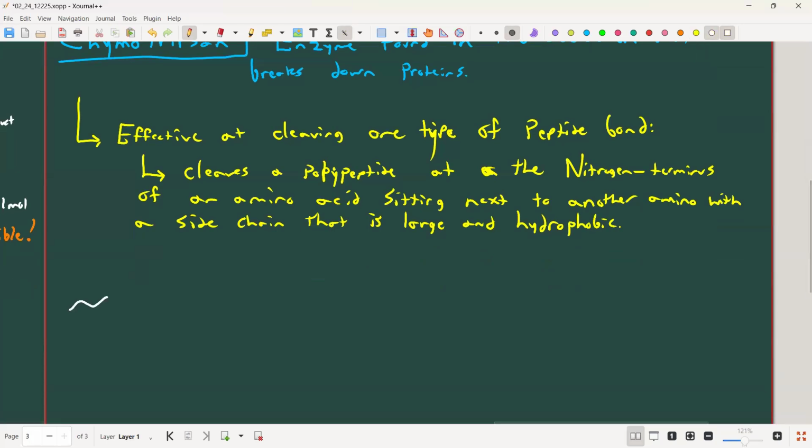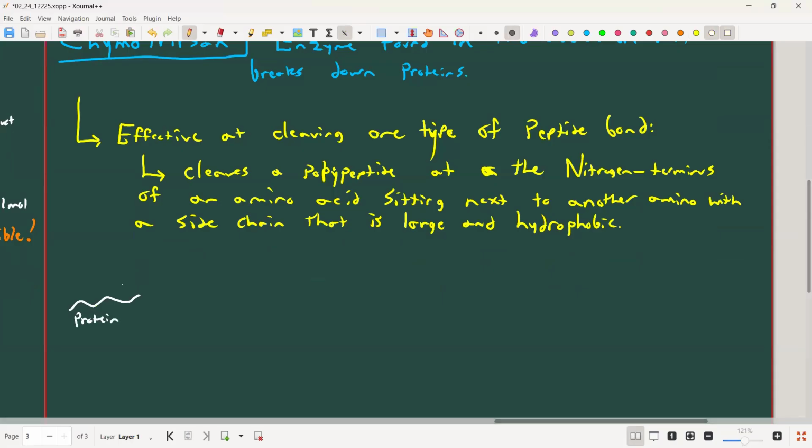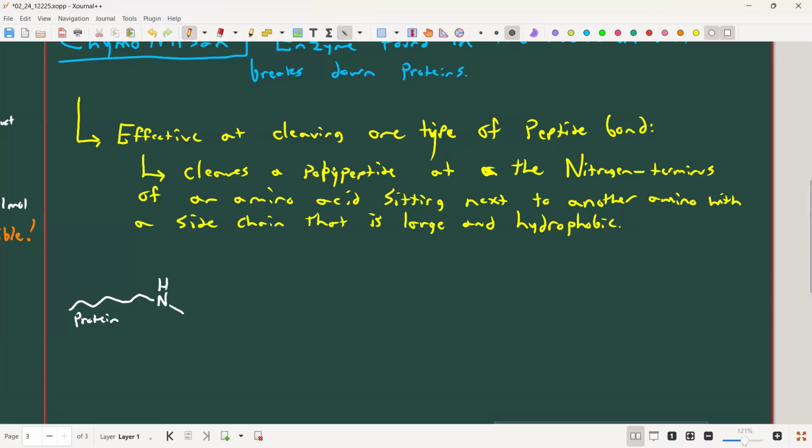So we've got this molecule. It's got a bunch of amino acids on it. It's some protein. And then let me draw. So then we get our first chain. Maybe this one is an alanine. Doesn't really matter what it is.